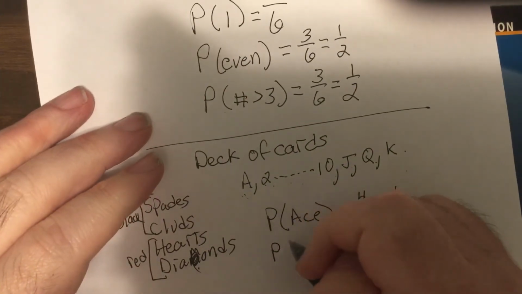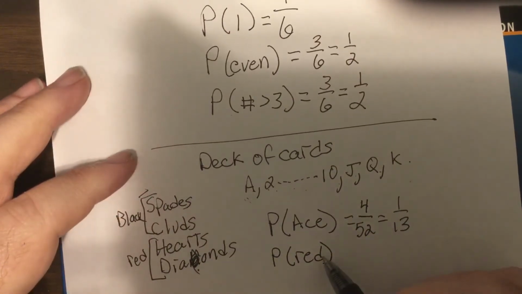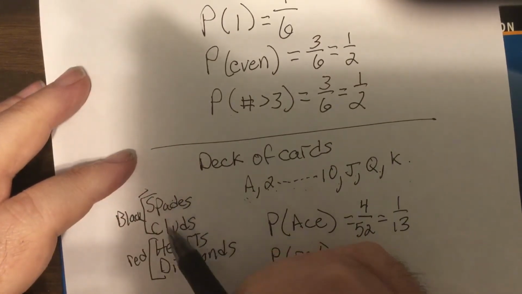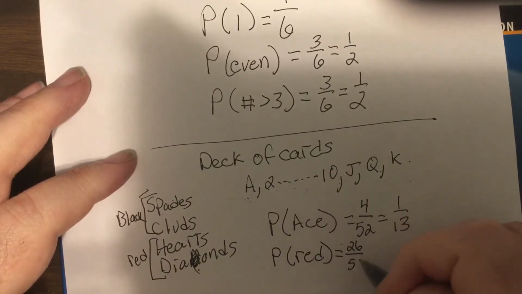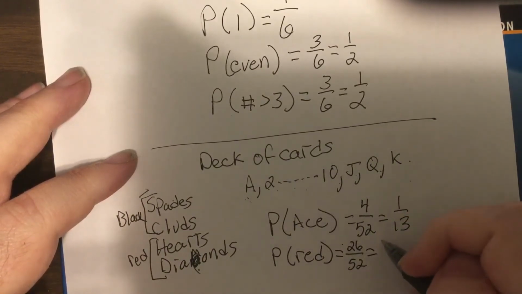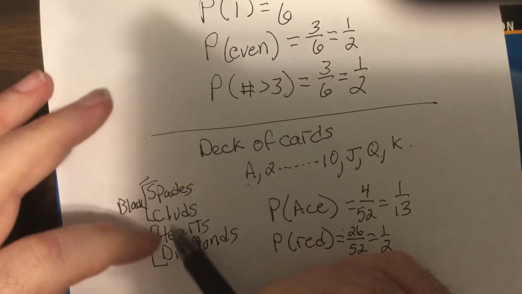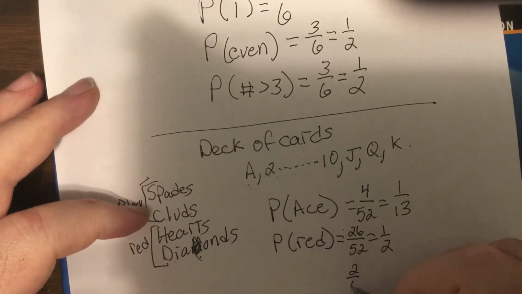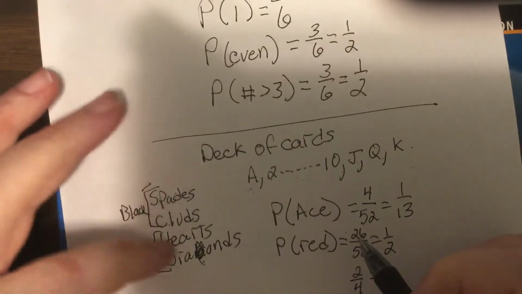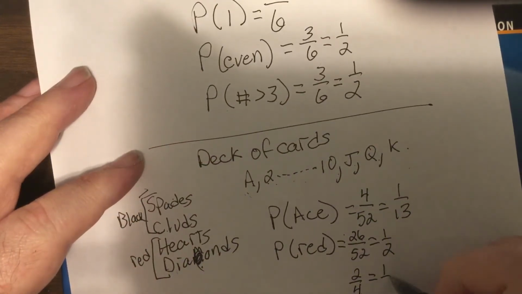So if I said, what's the probability of getting a red card? Well, you could do that a couple ways. You could say 13, that's 26 out of 52 cards, which would be 1/2. Or you could say 2 red, 2 black, that would be 2 out of 4 suits, not cards.